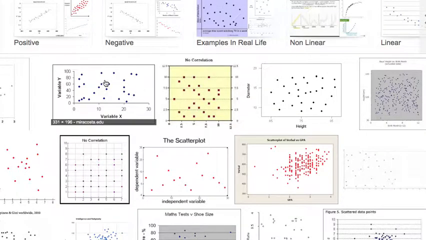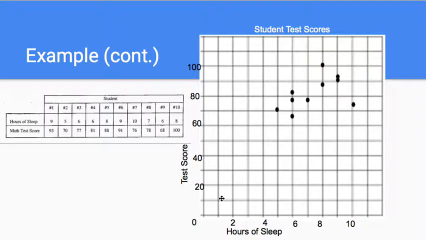We could also look at a no correlation, where there's really no relationship. An example of no correlation would be comparing your number of siblings to the test score in math. It doesn't matter if you have no siblings or 10 siblings. That's not going to affect your test score.